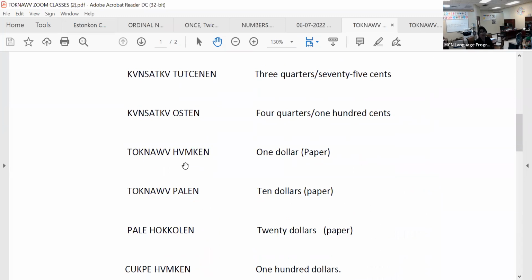Dognawa Hamgin is $1. Now this is paper, okay? Dognawa Hamgin. $10, Dognawa Balin. $5, I didn't write it up there, I left it out, Dognawa Jakibin. $20, Bali Hokolin. $100, Jukbi Hamgin.